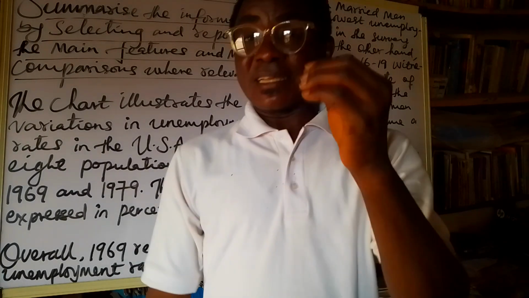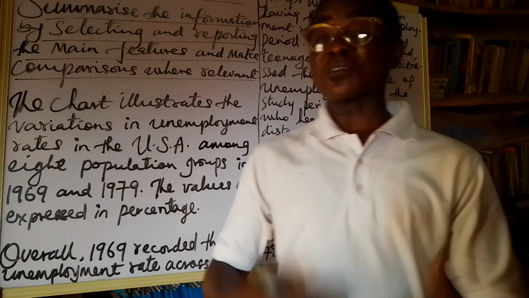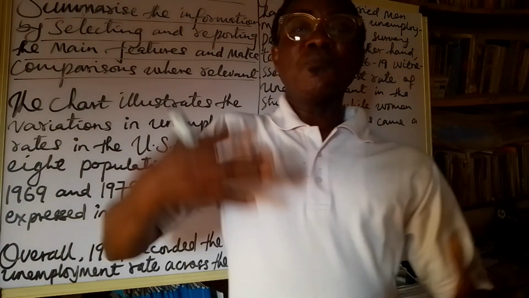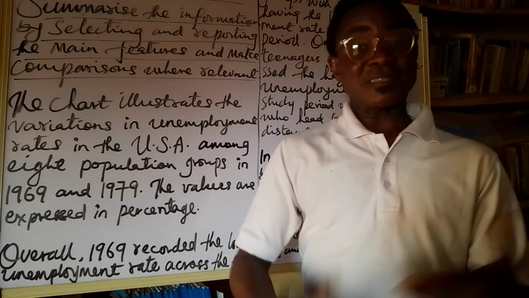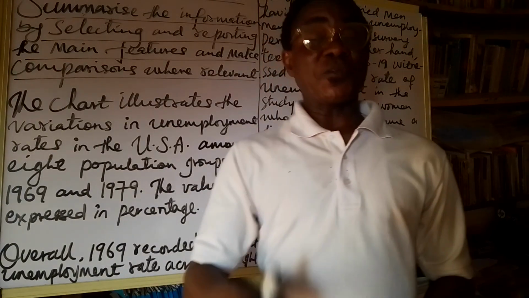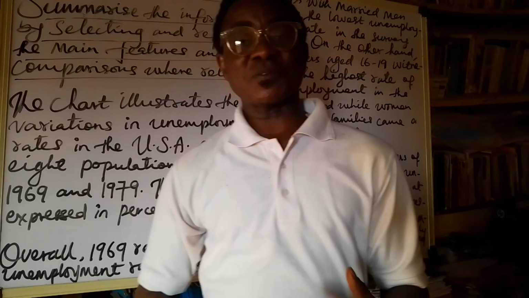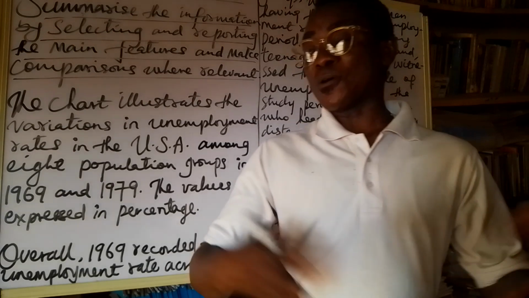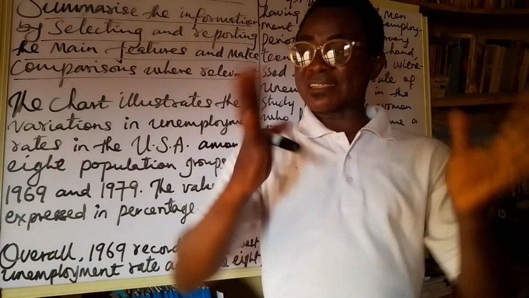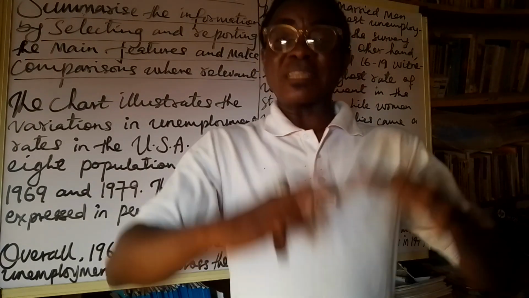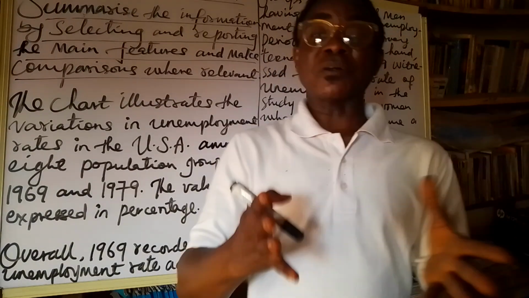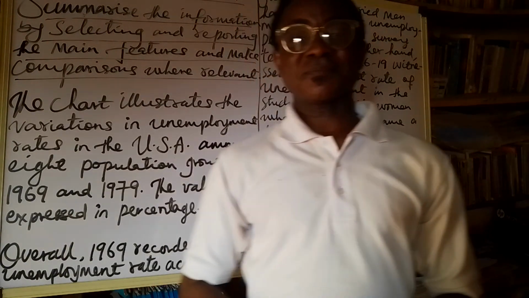And then the second paragraph is often referred to as the overall. It is because most IELTS examiners and instructors begin this second paragraph using the word overall. That it simply means an overview, a general examination of the trends, the movement of values in the economic model being studied.